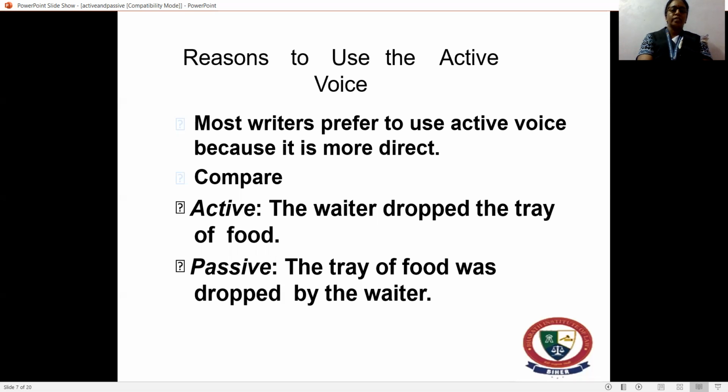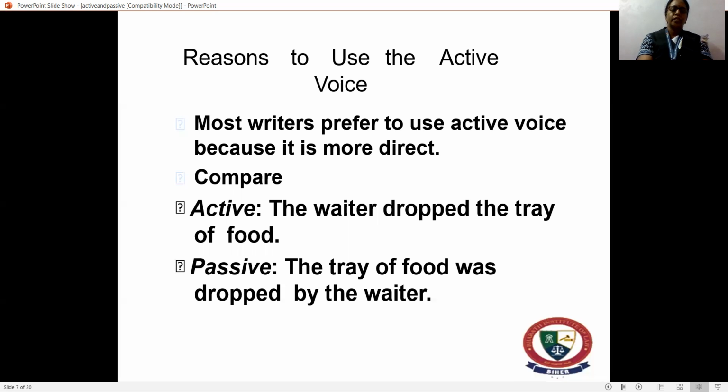Most writers or speakers prefer to use active voice sentences. The main, prominent reason is that it is more direct. Since it is more direct, many of us, while speaking or writing, prefer to use active voice.